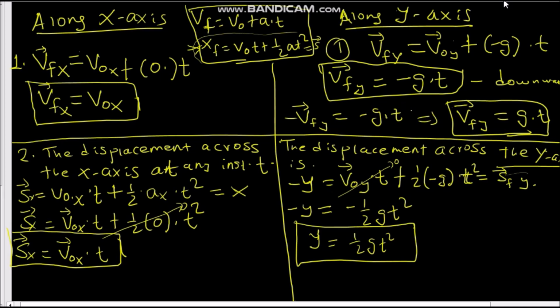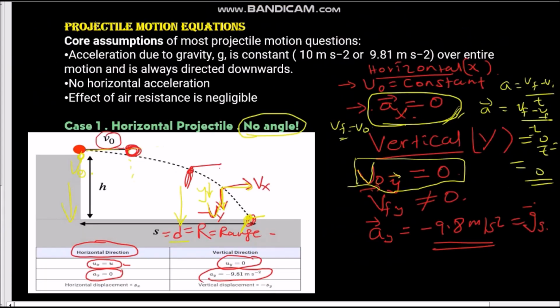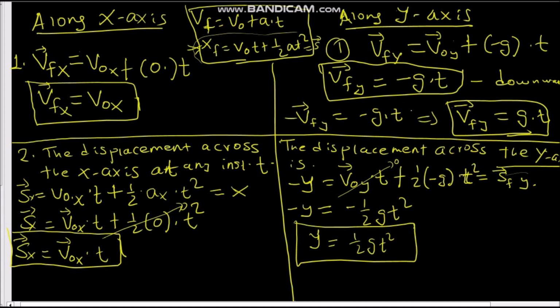Additionally, for the displacement across x, here we have seen the range. The final x in this equation, the displacement across x, is equal to the range, and can be substituted as v naught across the x times t.